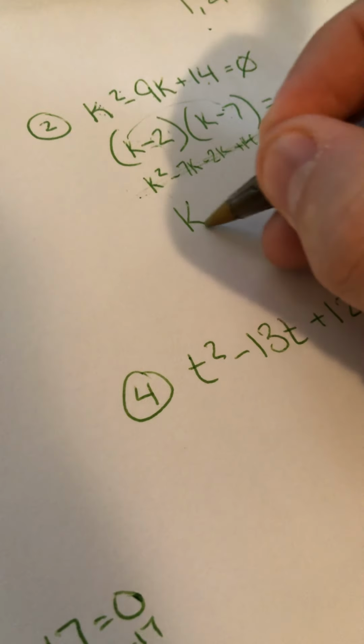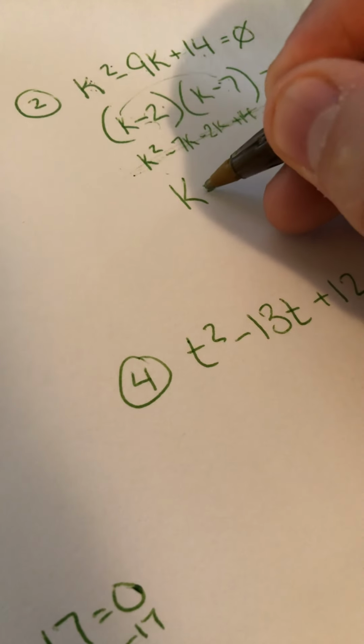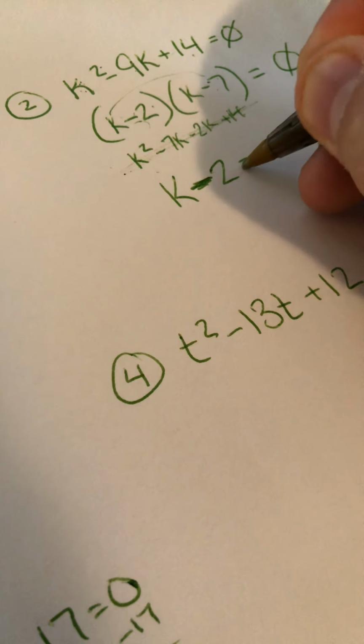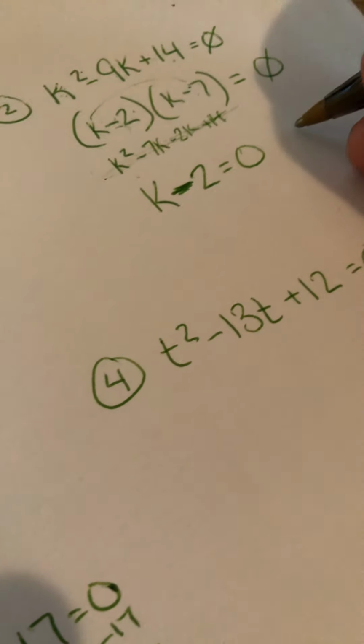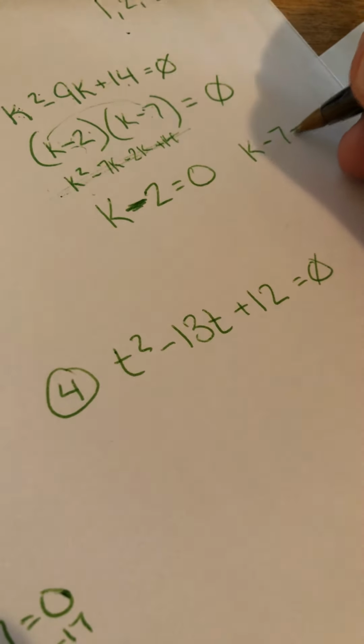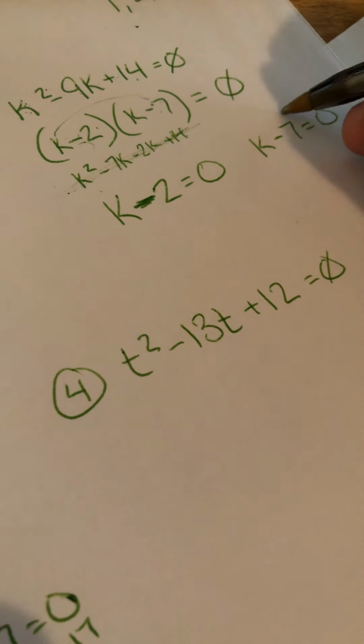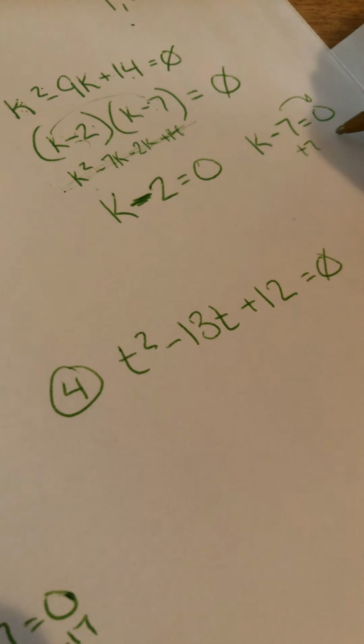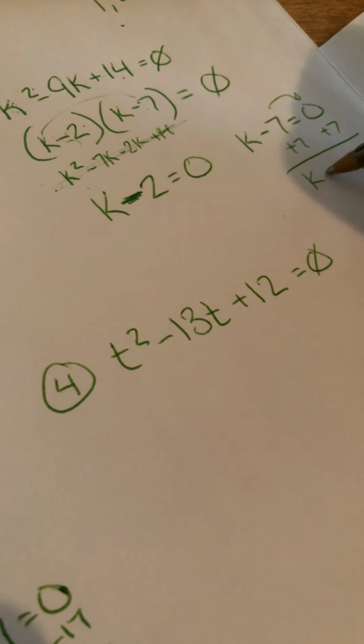So going back up here, zero product property. That means either this is 0 or this is 0. That's all you got to do, is set it equal to 0. So k minus 2 equals 0, and then k minus 7 equals 0. So if I move the 7 to that side by adding 7, that gives me k equals 7.